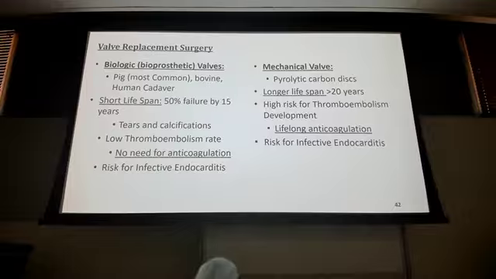The mechanical heart valve, the advantage of it is it lasts so much longer than the biologic, like in the case of the news story where it lasted almost 50 years. And she could have gone on longer with those heart valves if it wasn't for the other things wrong with the heart finally catching up and necessitating a heart transplant for her, okay?